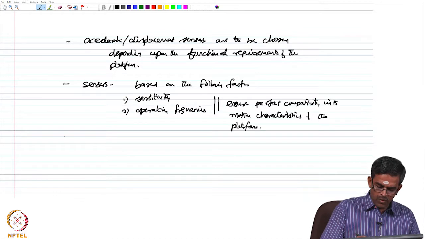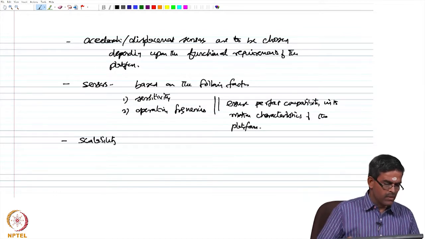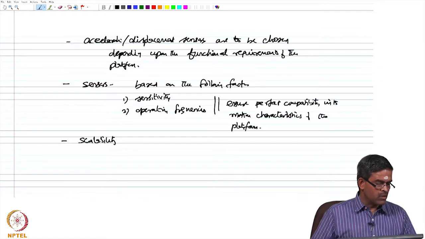The other issue we want is the scalability. Scalability is also required.